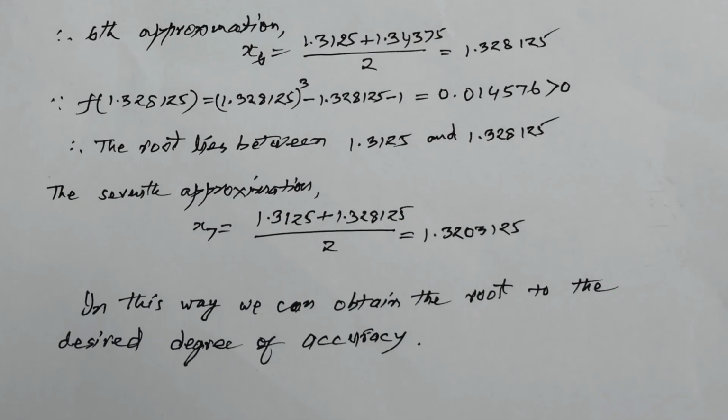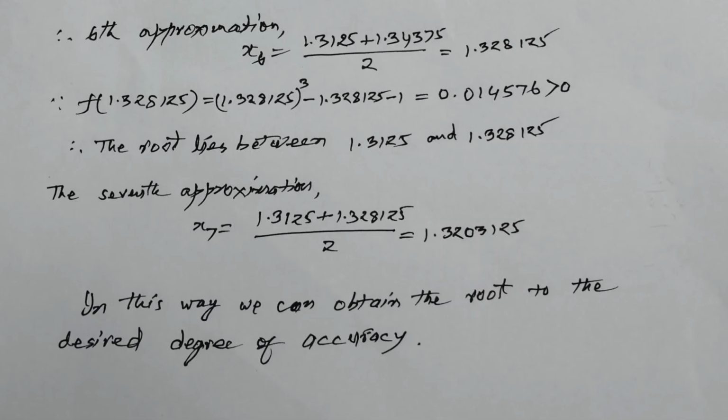Now we compute sixth approximation. The sixth approximation x6 will be (1.3125 plus 1.34375) by 2 equal to 1.32815 on simplification.